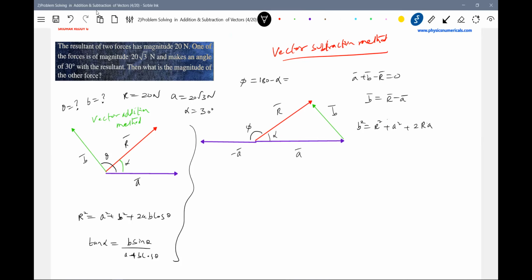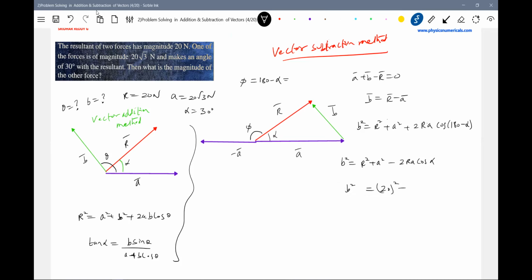What is the angle between R bar and minus A bar? Cos of 180 degrees minus alpha. Okay, this is B square, the unknown thing, plus A square, plus 2RA cos of 180 minus alpha, which will be minus cos alpha. Now B we don't know, sorry.